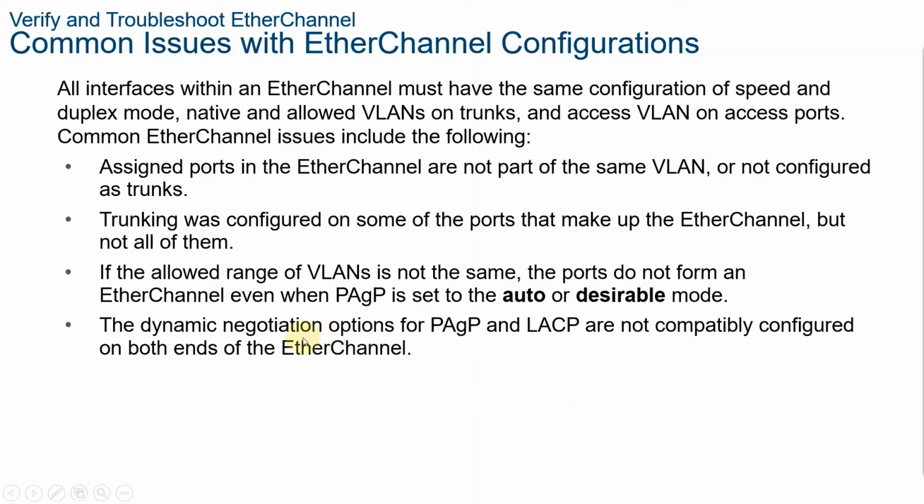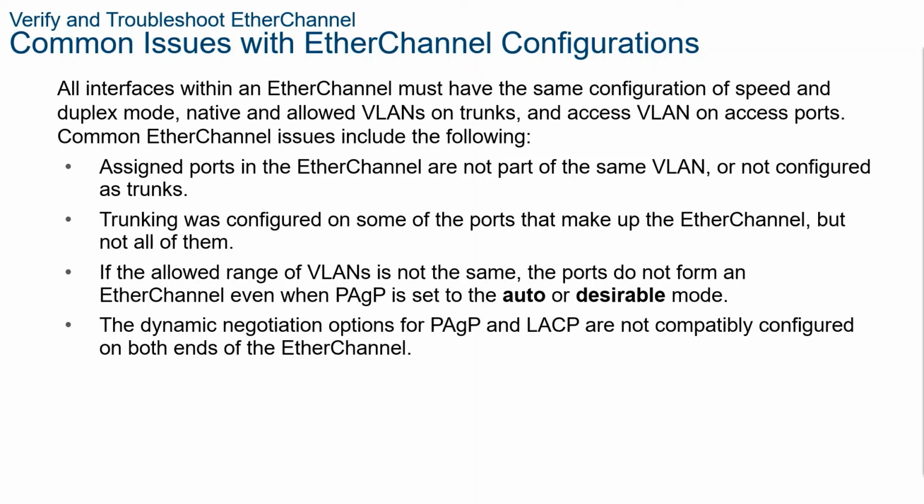The dynamic negotiation options for PAgP and LACP are not compatibly configured on both ends of the EtherChannel. Take note that it is easy to confuse PAgP or LACP with DTP because they are all protocols used to automate behavior on trunk links.